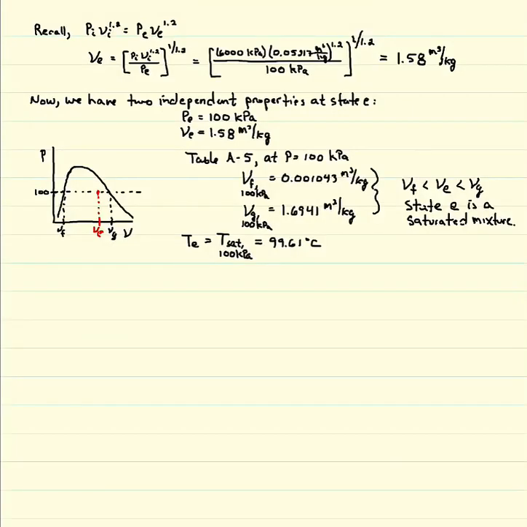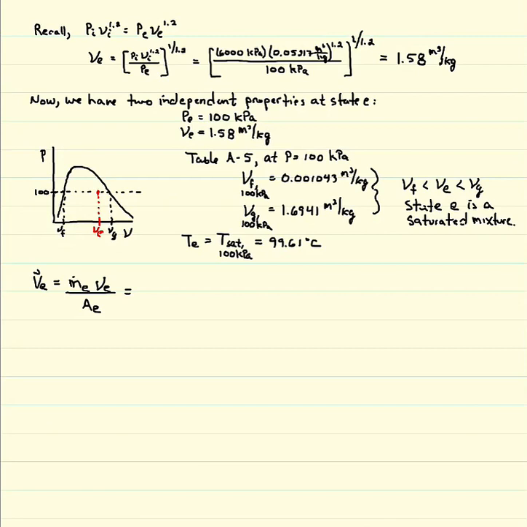So then the final question that we have to answer is, what is the exit velocity? Well, we already know what our exit specific volume is, so we can just use our mass flow rate equation to determine what our exit velocity is. If I manipulate my mass flow rate equation, my exit velocity is equal to the exit mass flow rate times the exit specific volume, v sub e, all divided by the exit area, A sub e.